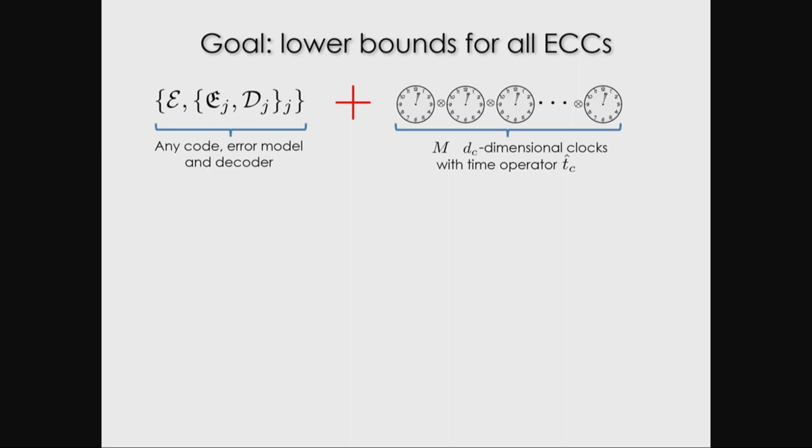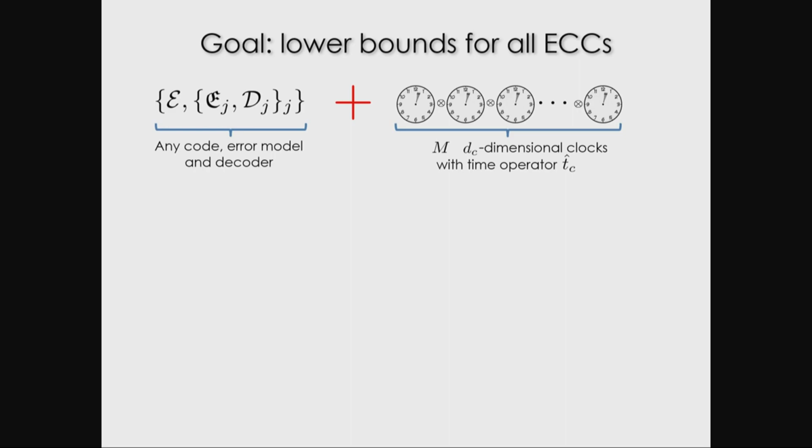So what we want to have is a construction where, given any encoding, any error map, and any decoding map, we take this error-correcting code.